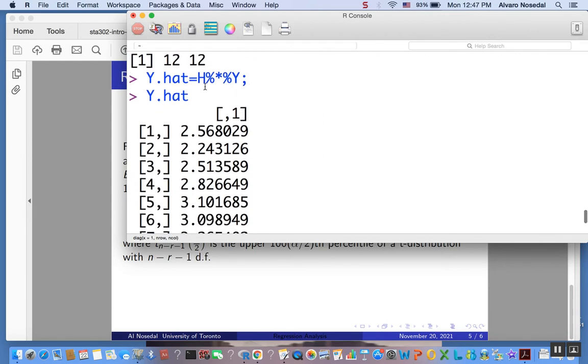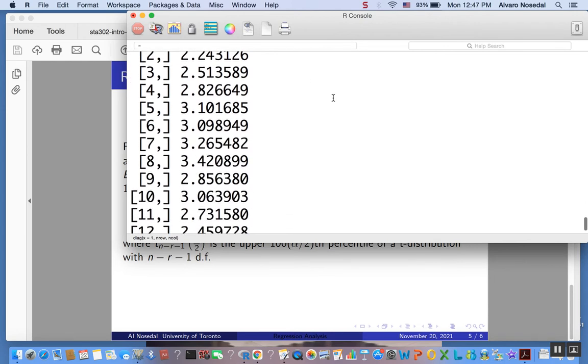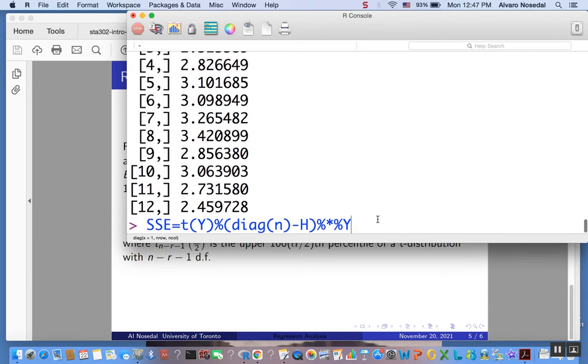And then times I minus H times Y. You know that I minus H is idempotent, is symmetric, and that's why you end up with this expression here. Make sense?